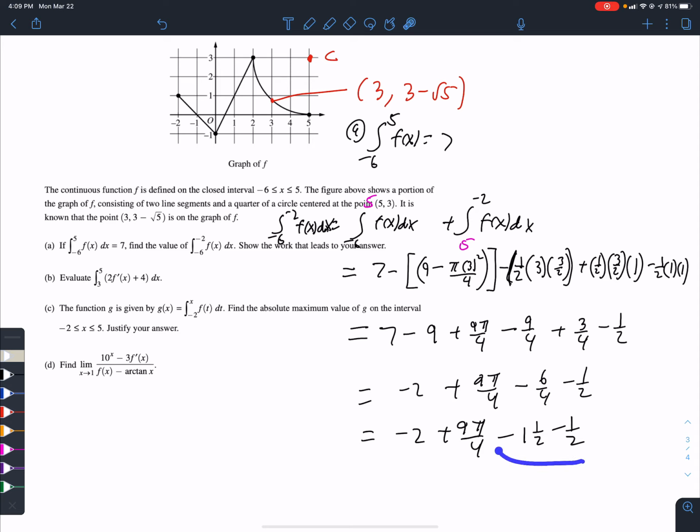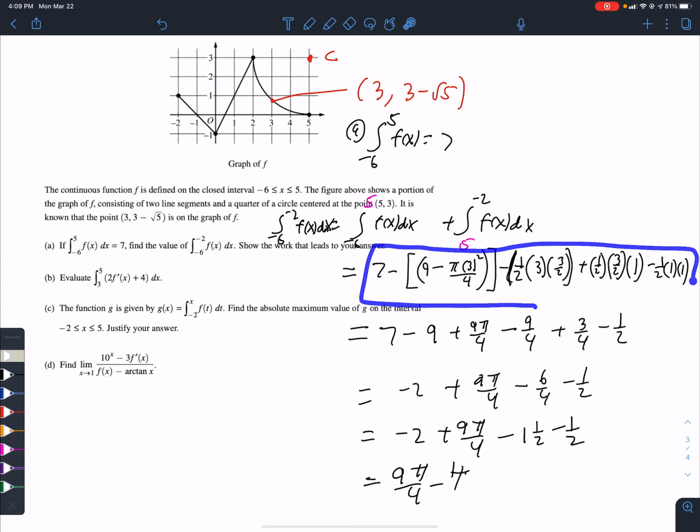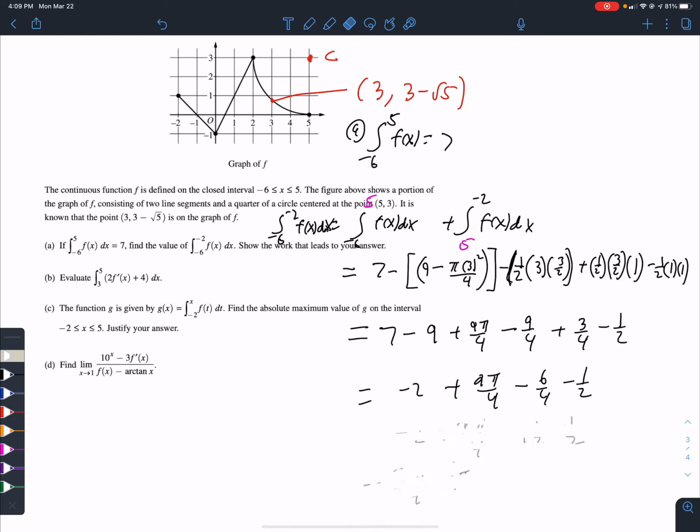So that's minus 2 is minus 4. So 9 pi over 4 minus 4 would be the simplified answer. But like I said, you should stop right here. There's no reason to go any further than that. It's a waste of time and too easy to make a dumb mistake on this one. So that's part A.